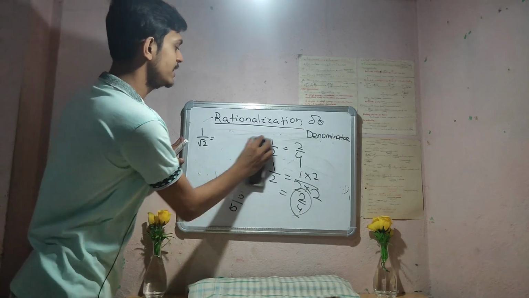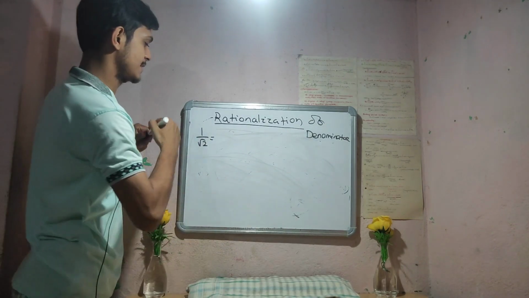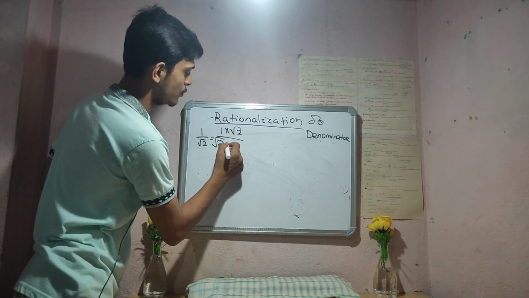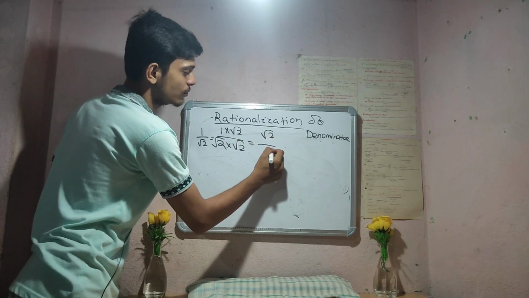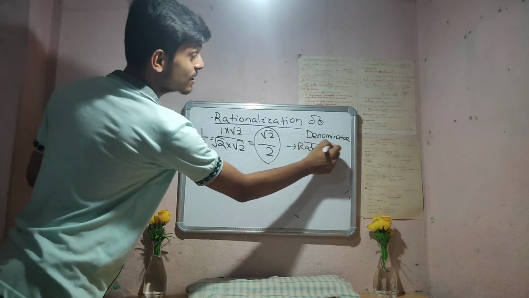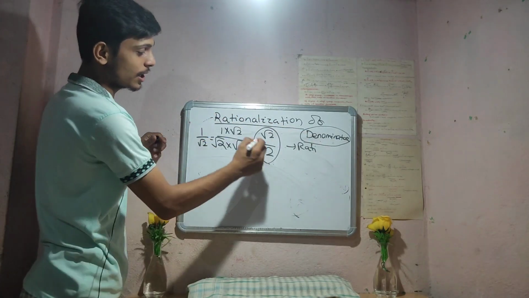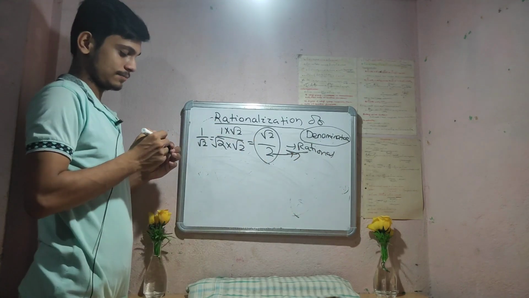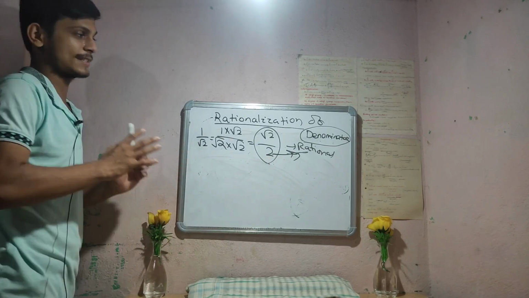So 1 multiplied by the square root of 2, and the square root of 2 multiplied by the square root of 2, gives the square root of 2 upon 2. This is the rationalization of the denominator, which means the denominator becomes rational. 2 is a rational number.